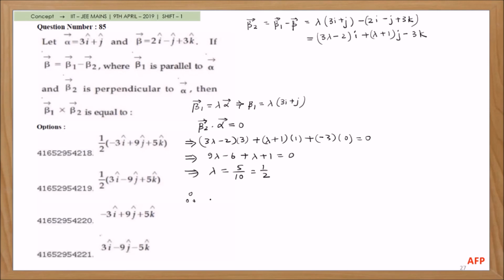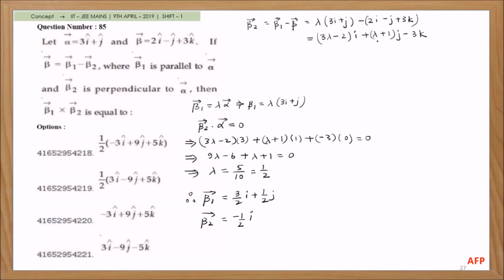So therefore beta 1 is equals to 1 by 2, you can write 3 by 2 i plus 1 by 2 j. Next beta 2. Beta 2 is, if you substitute 1 by 2 here, 3 by 2 minus 2, so minus 1 by 2 you are having.